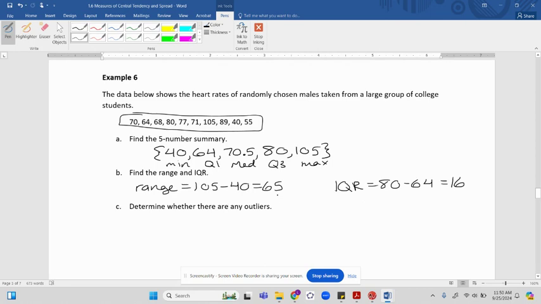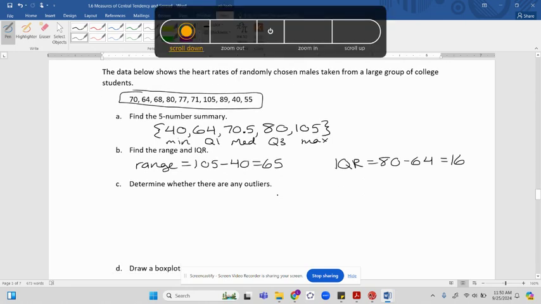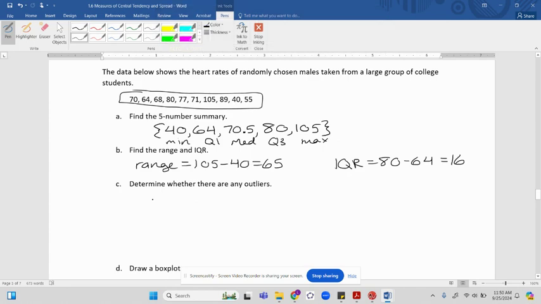So next we get to determine if there are any outliers. Well, we know that an outlier is any value, let's use the first formula, that's less than Q1 minus 1.5 times the IQR.